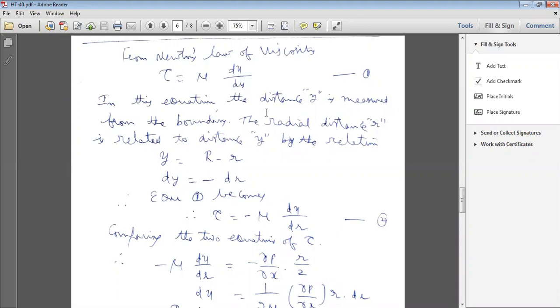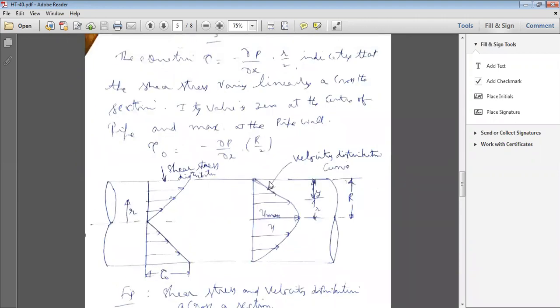In this equation, the distance y is measured from the boundary of the pipe. Here y is equal to 0 at the wall and y increases; at the center of the pipe, y is equal to capital R. So at any distance small y, that is capital R minus small r.